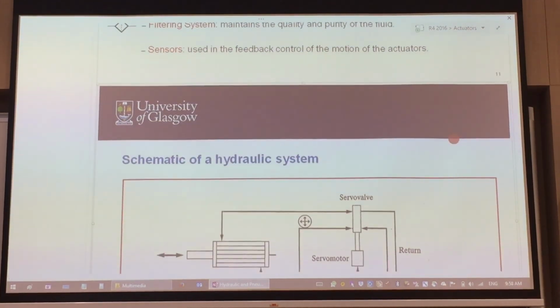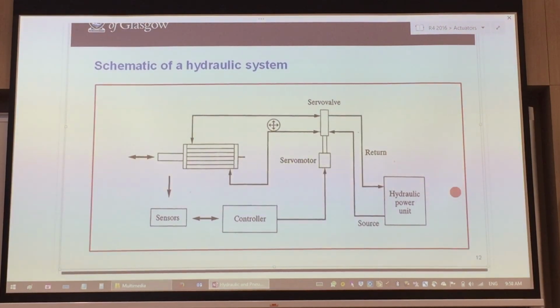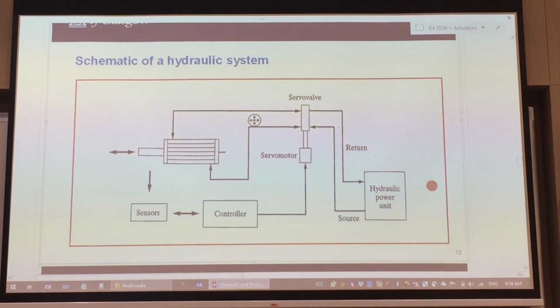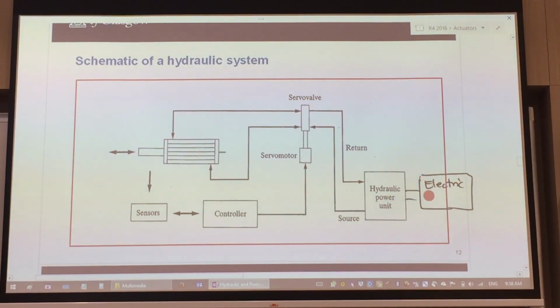Let's have a look at this entire hydraulic system, pressure monitor. Over here, what is not included is the electric motor. Your electric motor will drive your hydraulic power unit. I sketched two arrows, so it depends on what direction we are looking at.